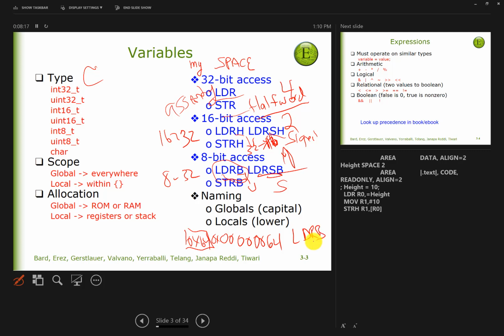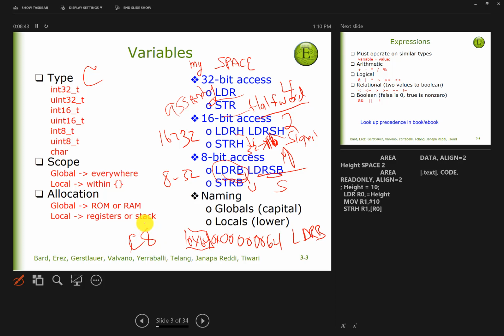But now if I add the register to itself, I have 200 in the register. Somebody tell me what 200 is in hex? I just want to multiply 64 times 2. Yes, 6, 12, C8. I've got to go bigger.